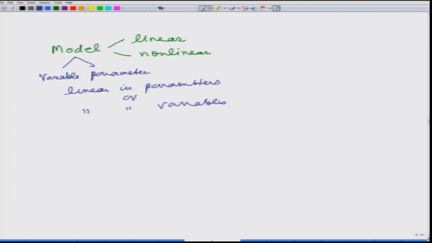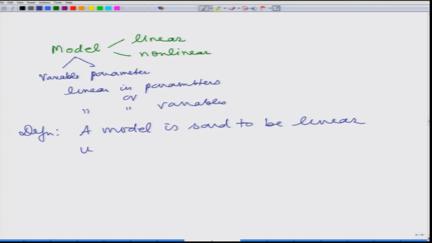So now here I would say this is the basic definition. A model is said to be linear when it is linear in parameters. This is a very important definition.